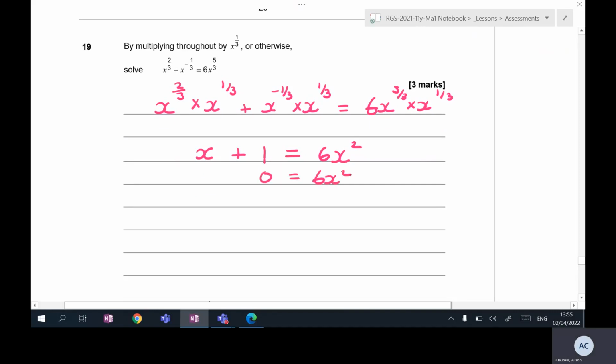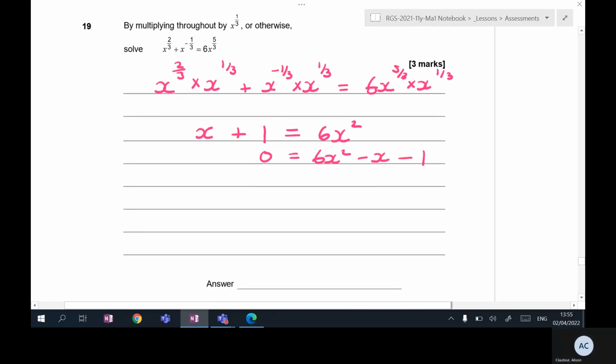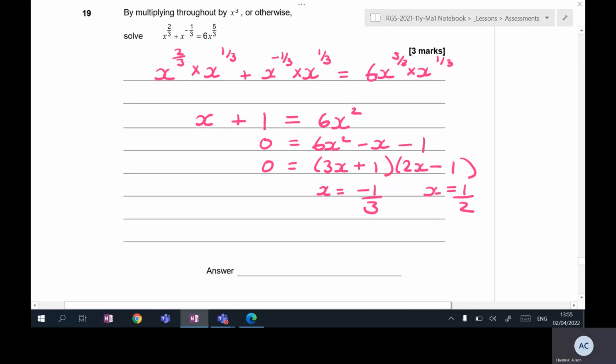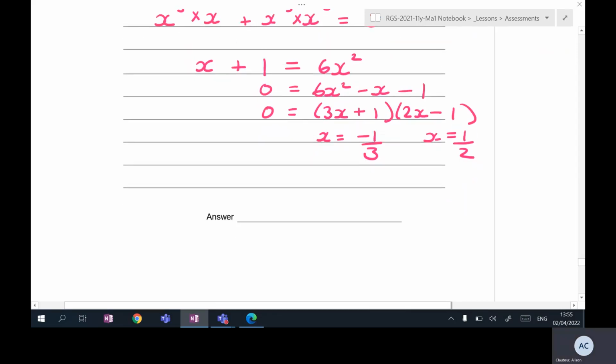So 6x squared minus x minus 1. So if we factorise that, we've got x is minus 1/3 or x is a half. That's quite a nice question actually. I liked it.